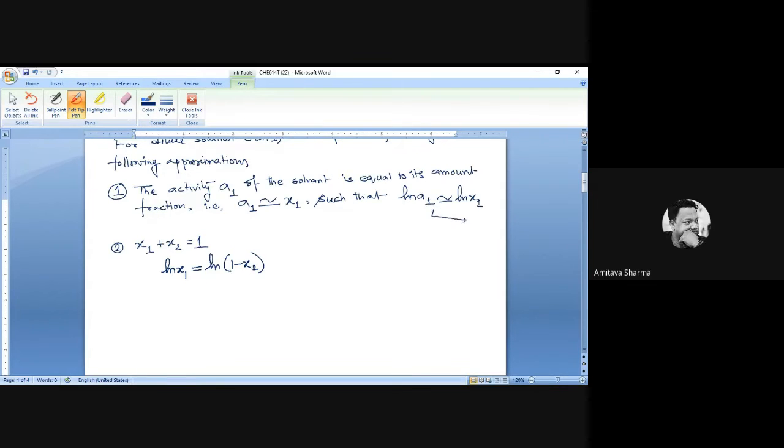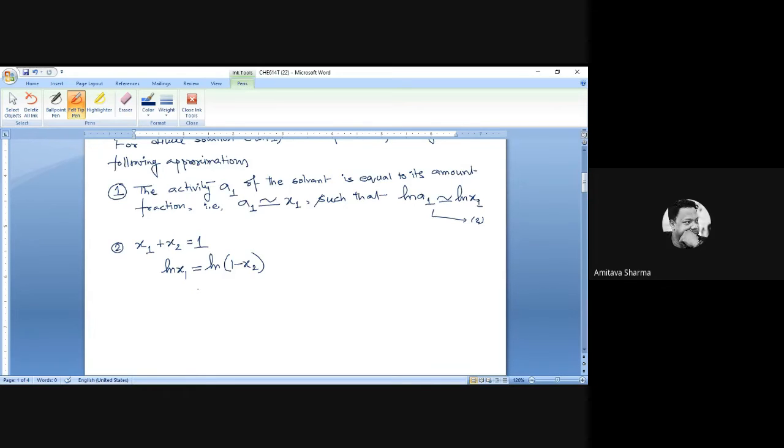So this is equation 2. Now, in this equation, ln x1 equals ln(1 minus x2).